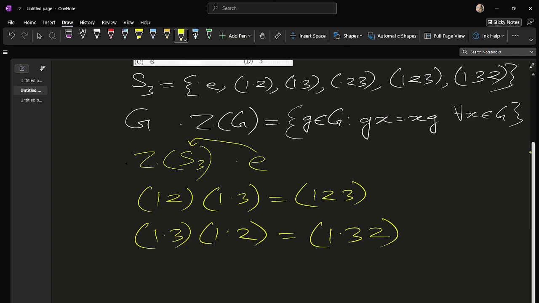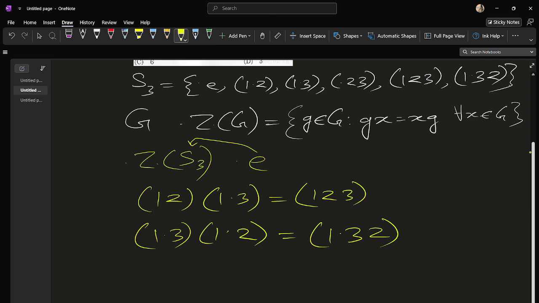So (1 2 3) and (1 3 2) are not equal. So we can see that (1 2)(1 3) is not equal to (1 3)(1 2). So the transpositions (1 2), (1 3), (2 3) do not commute with each other, and (1 2 3) and (1 3 2) will not commute. So we can see that.